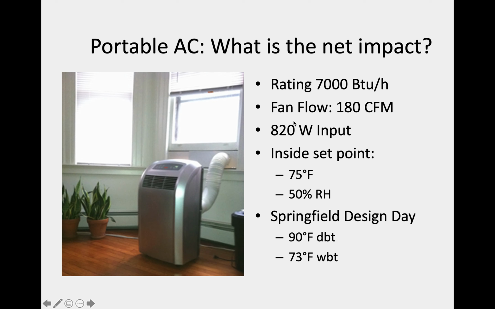We know that the fan is going to move that air past the coil and blow it outside at 180 cubic feet per minute. And that means that it's going to be drawing into the house outside air that is also flowing in at 180 cubic feet per minute.